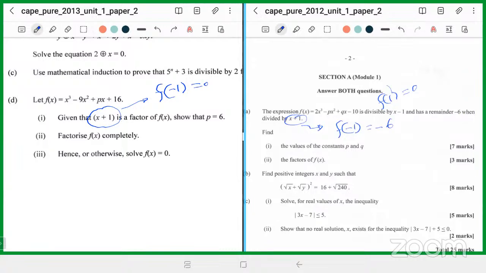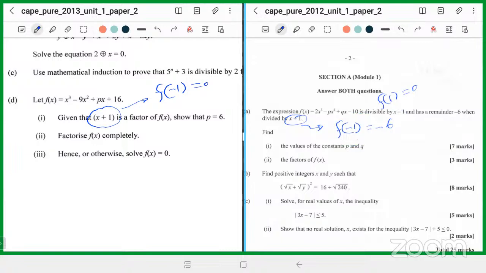So you plug the 1 in this and put it equal to 0. You plug the negative 1 in this, same thing, but make it equal negative 6. So you get 2 equations to solve, one from this, another from that, to solve them simultaneously.